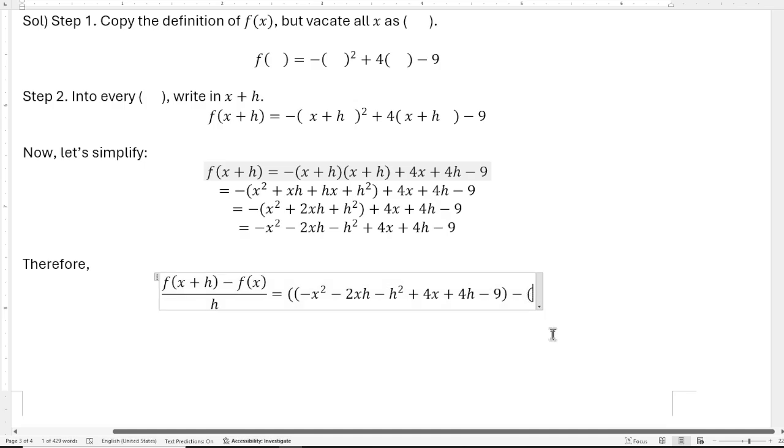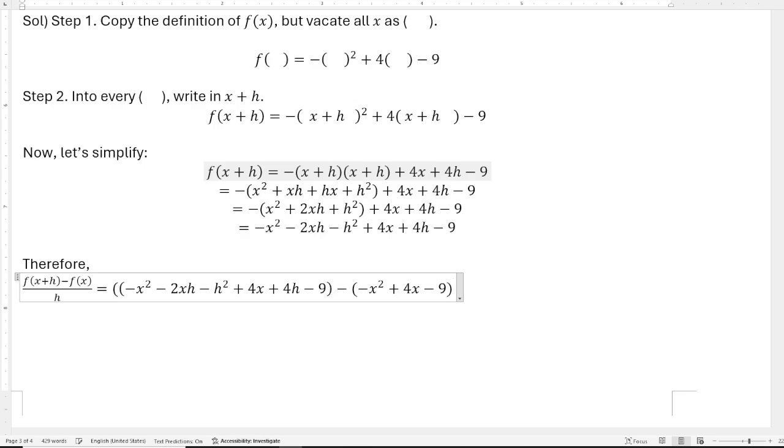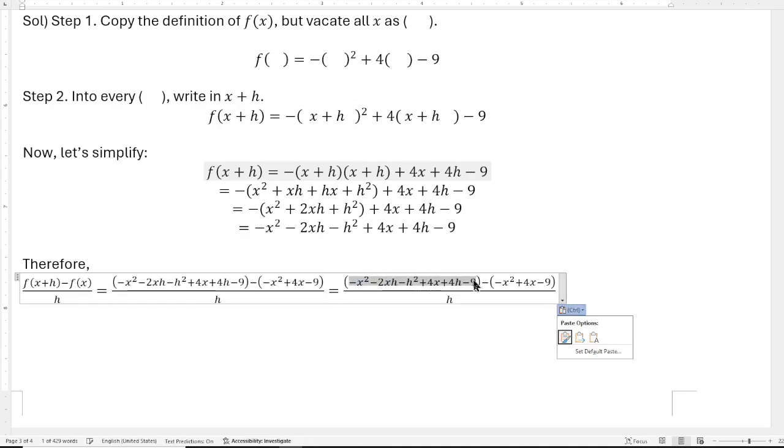It's this one. And then you divide it by h. Alright, it's very important to have this second one wrapped around with the parentheses, because if you don't, you're going to make a sign mistake. Because there's a minus, you can distribute this minus, and distributing the minus is going to give you what? Let me see.